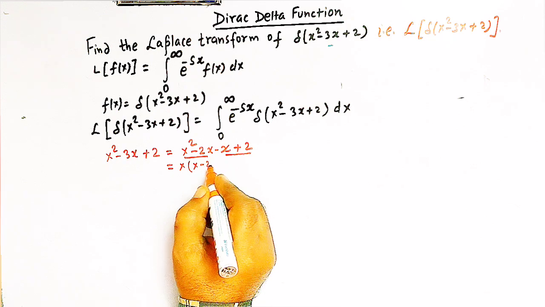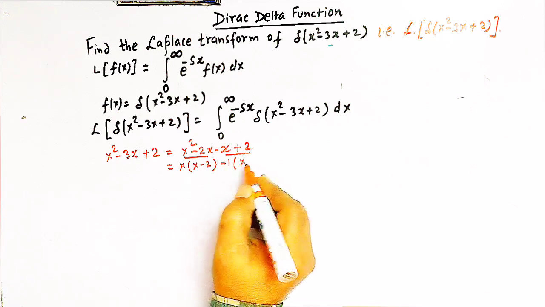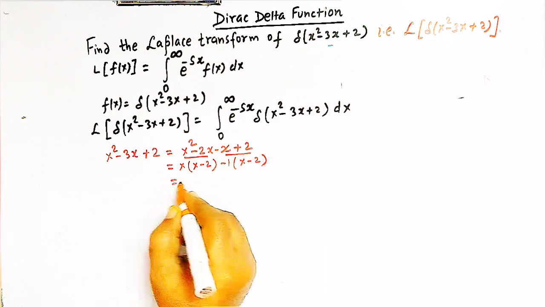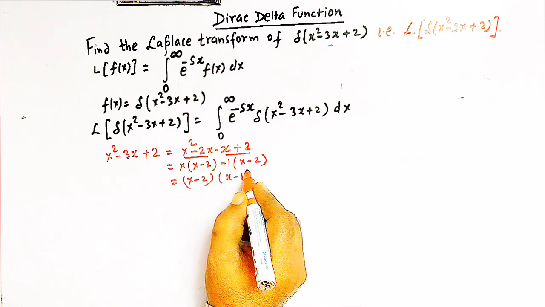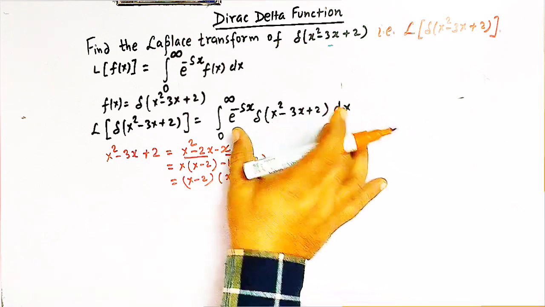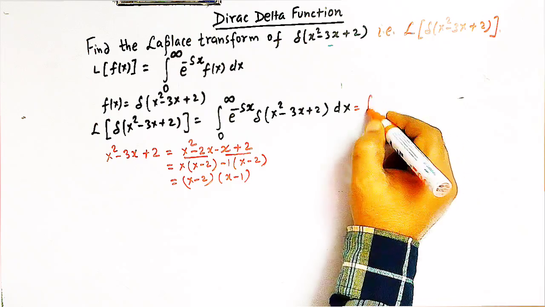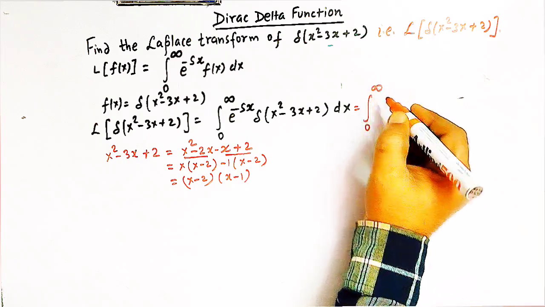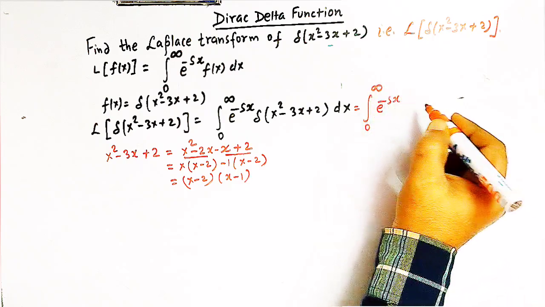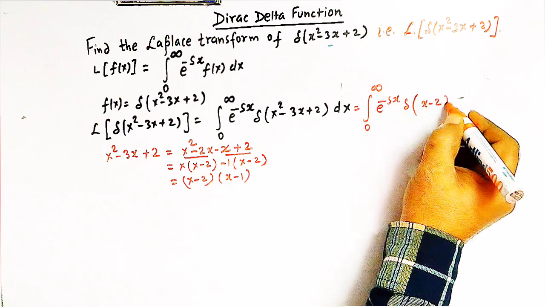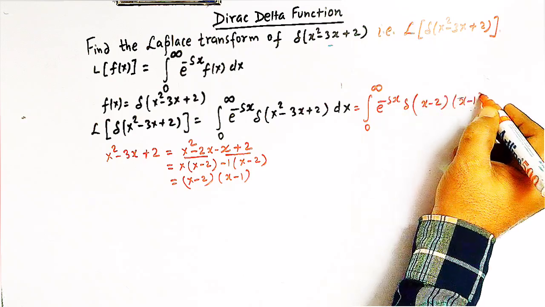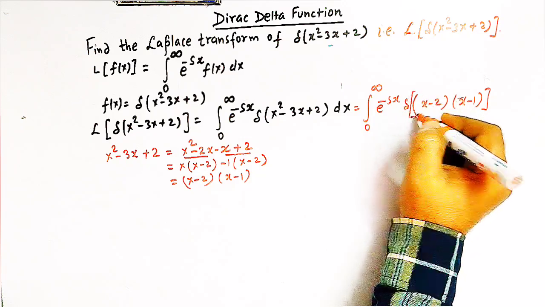We have x minus 2, and here we have x minus 2. So this is x minus 2 and x minus 1. So now this integral can be written as 0 to infinity, and then we have delta of x minus 2 and x minus 1, right?